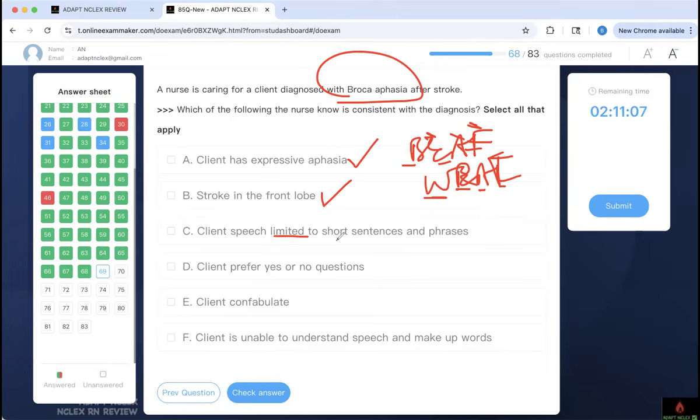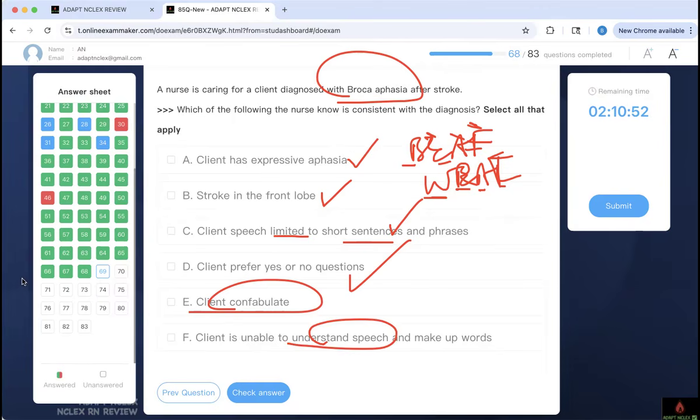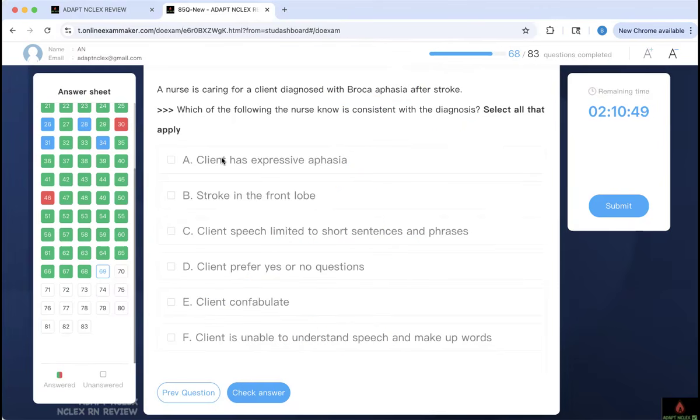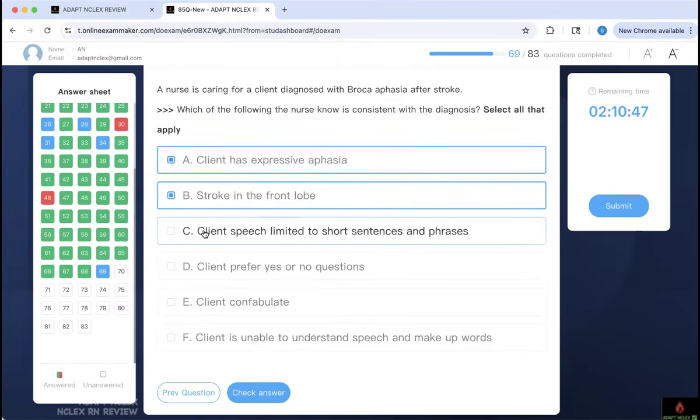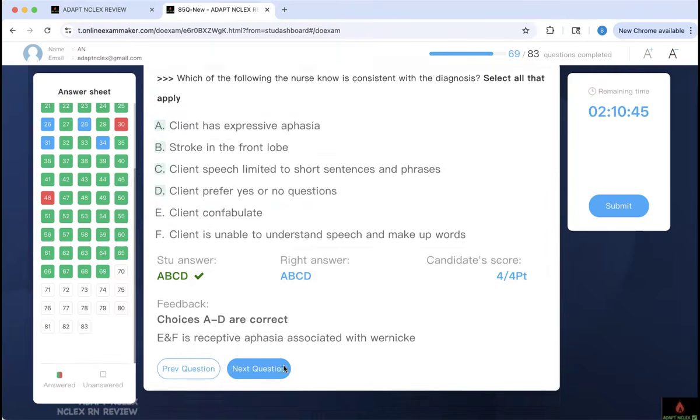Client speech limited to short sentences. Since you can't express, you say yes or no. You cannot talk, so you cannot make a lot of sentences. The client understands, but speech is the problem. So A, B, C, D is your right answer. Know the difference, know the strategy I give you to be able to answer the question.